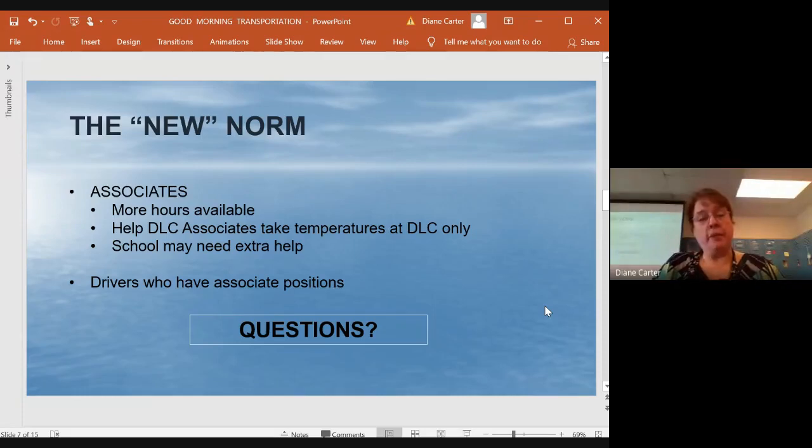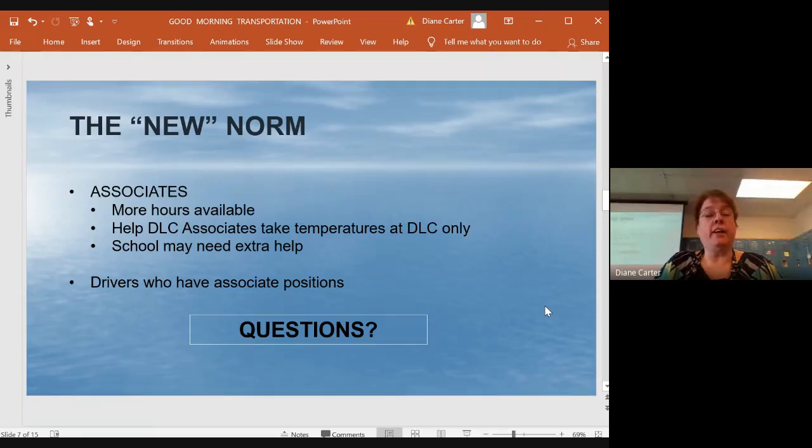You will have a thermometer, or they will bring out two. We're not sure which way we're working it yet. Before they get the kids off the bus, you'll take care of the back half of the bus, and the associate will take care of the front part of the bus. We're only going to let those kids get off the bus one seat at a time. They are going to have their temperature taken before they get off the bus.